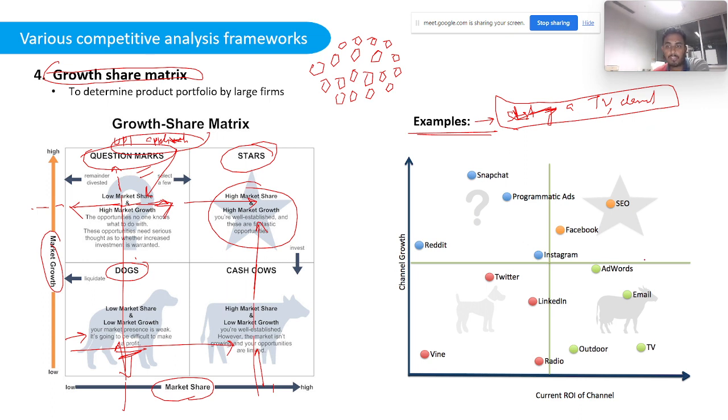Now you have options already available, and you want to see how they are performing using this growth share matrix. So now the metrics you have are return on investment, which is again market share, and then channel growth. Okay, so you have more market share, that means more return on investment, and you have the growth rate.